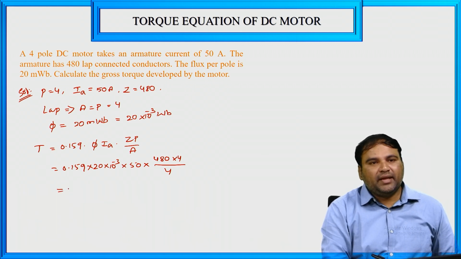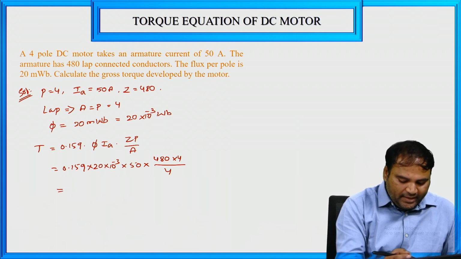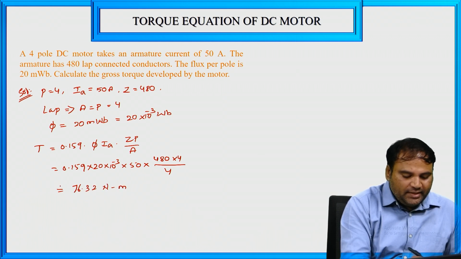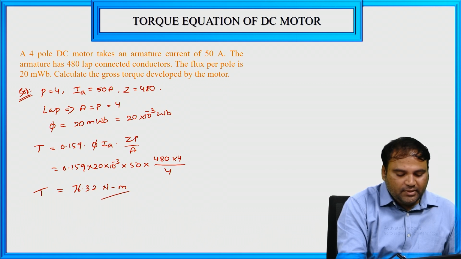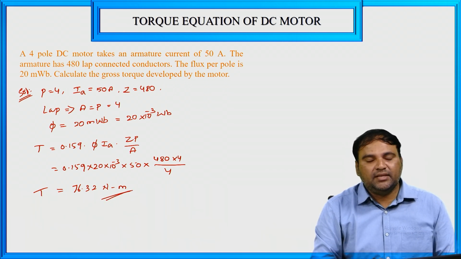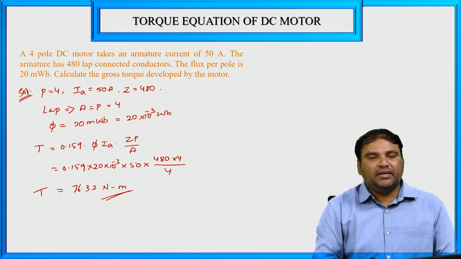Now by calculating this we'll get 76.32 Newton meter. Here is the torque of the given DC motor, that is 76.32 Newton meter, right?